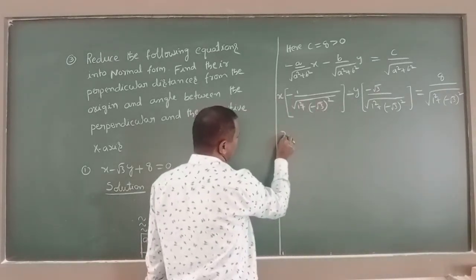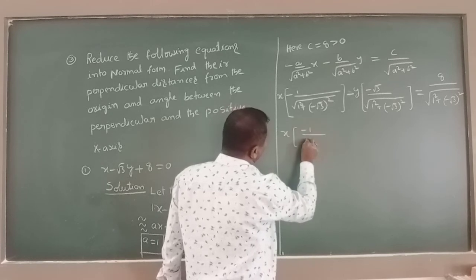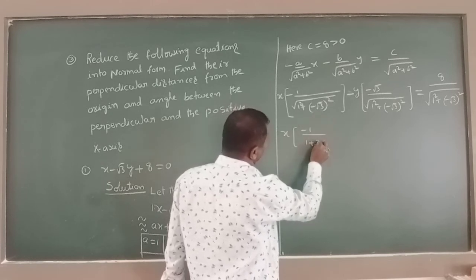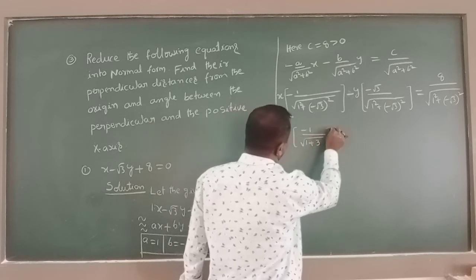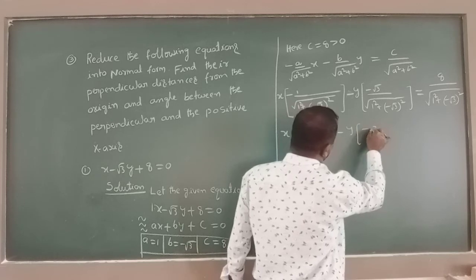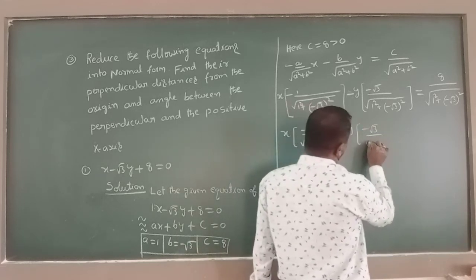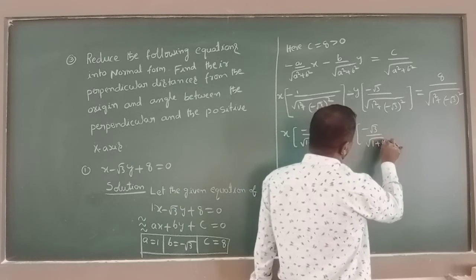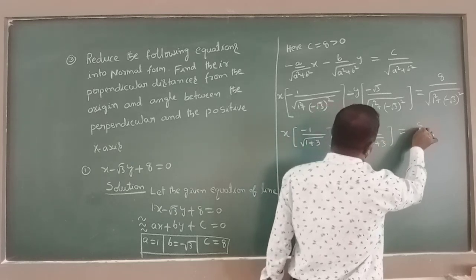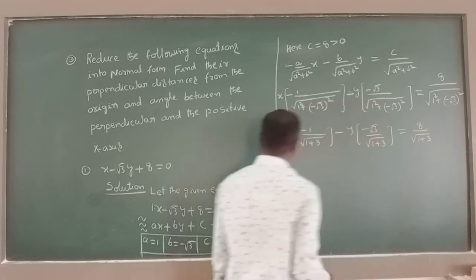Then x times minus 1 divided by the square root of 1 plus 3, minus y divided by minus root 3, divided by 1 plus 3, is equal to 8 divided by square root of 1 plus 3.